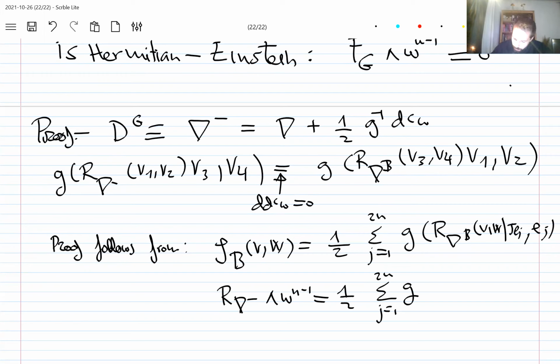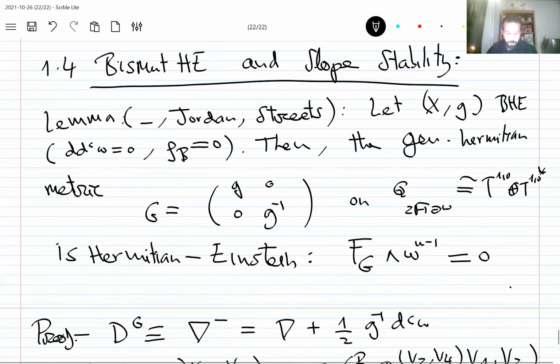Sorry, this is R nabla minus of e_j, J e_j. Okay, and that's it. So combining these two definitions with this magical formula which relates Bismuth with the Chern connection, you get the result. Okay.